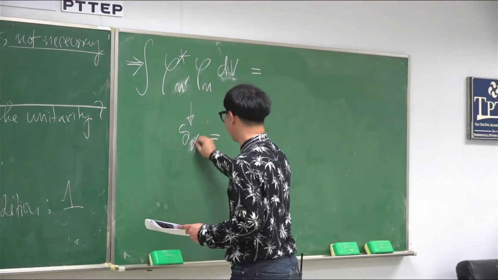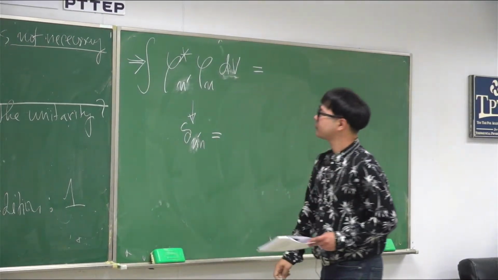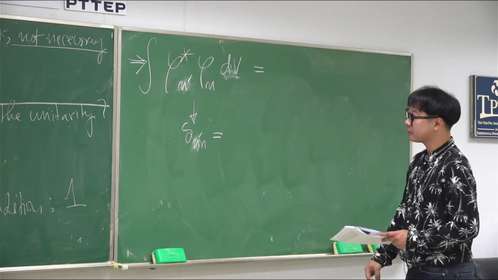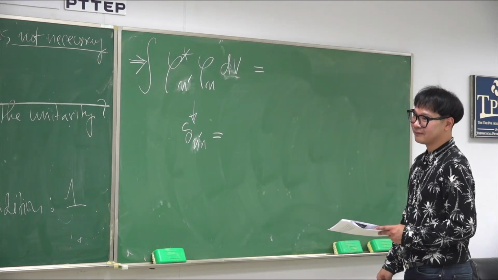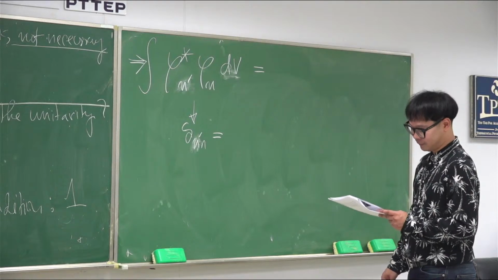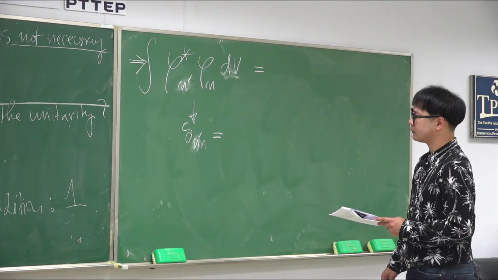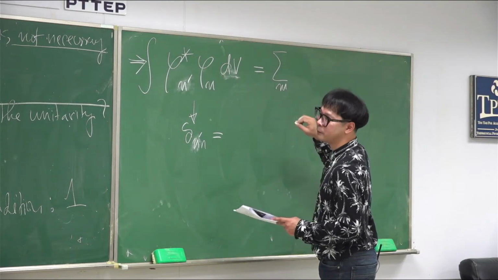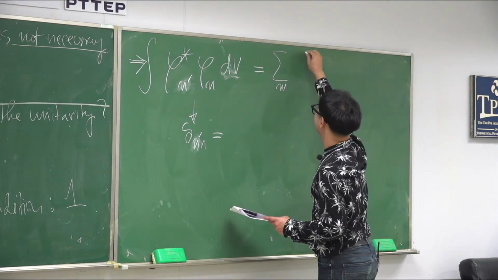Then that's the N prime. So on this side, what do you get then? So you have the summation over M and what?